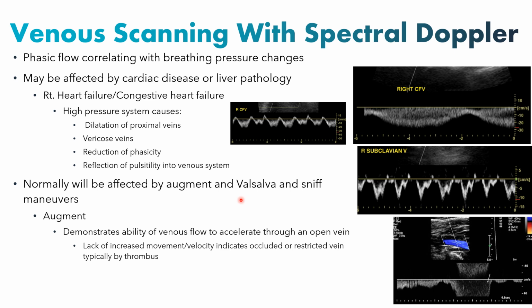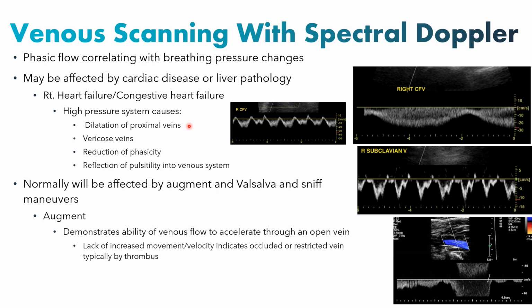Other things that can affect the phasicity, besides just the location in proximity to the heart, would be dilatation of proximal veins. If you have a congested system, either from cardiac failure or maybe significant liver cirrhosis, all of that can cause dilatation of the veins, which would increase the pressure in any vein distal to that.